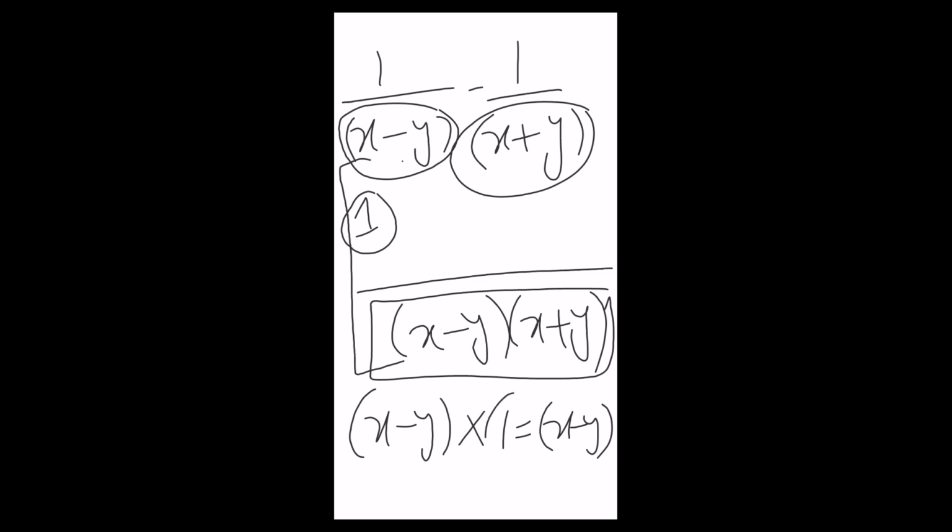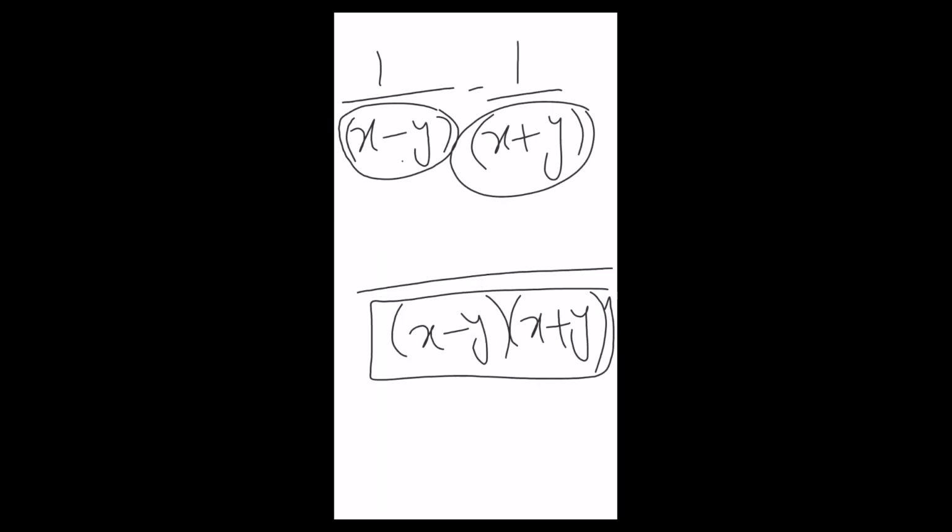You need to see the middle number always. I'm making you understand again. You just don't get confused about x minus y and x minus y. You just see the similar terms.